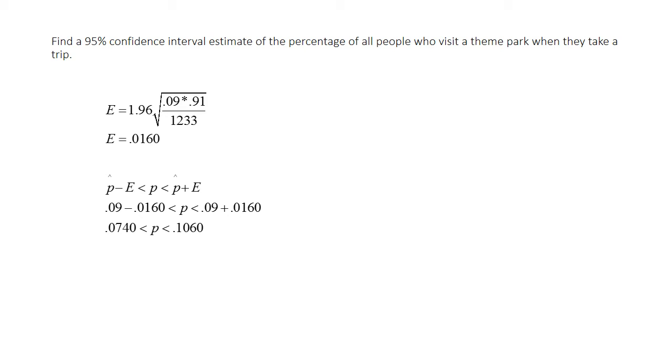Since the graph is symmetric, we split the 5% in half, which gives us 2.5%. So 2.5% is in the left tail, 2.5% is in the right tail. If you look up an area of 0.025 in the normal table, you see that the z-score is 1.96.